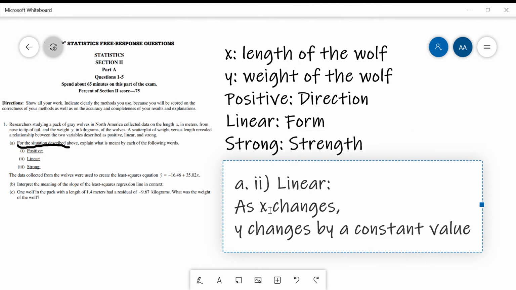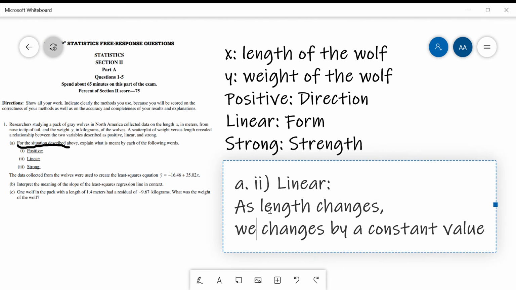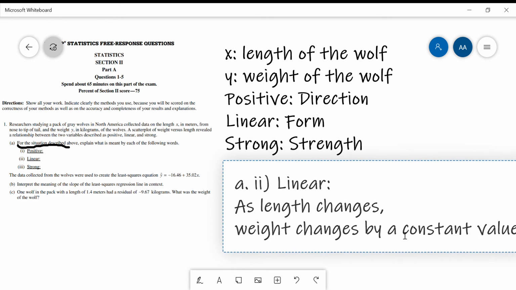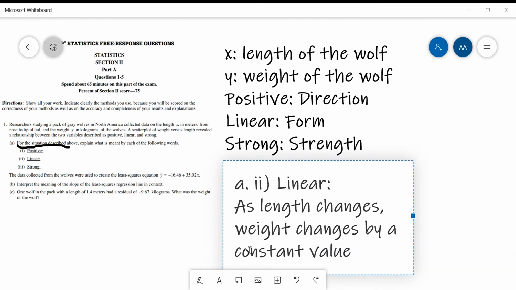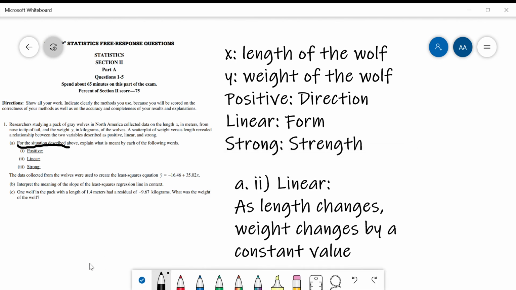However, this is an AP Stats FRQ where we need to add context if you want to get full points. So for x, we can replace it with length of the wolf, and you could say y as weight. I'm going to move it back on screen. Weight changes by a constant value. And if you think about it intuitively, that's what a linear graph is.